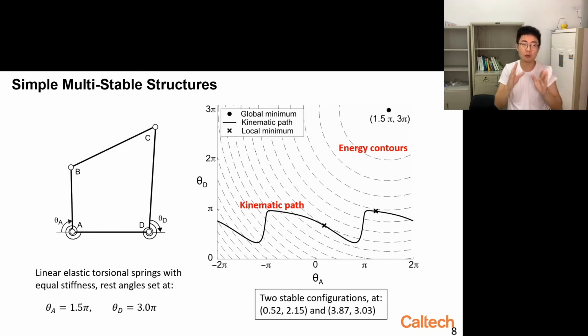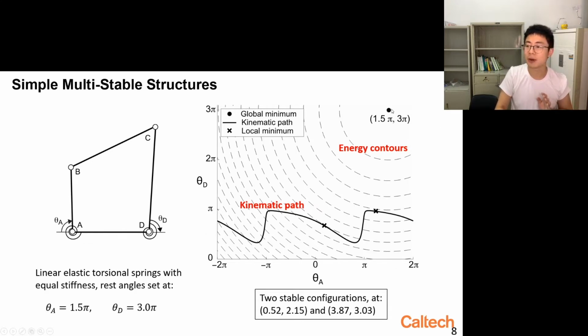Then we plot it in the corresponding configuration space, theta A and theta D. In this space, we can plot our kinematic path, which is governed by the 4-bar linkage, and we can plot another thing, the internal energy, which is governed by these 2 springs.